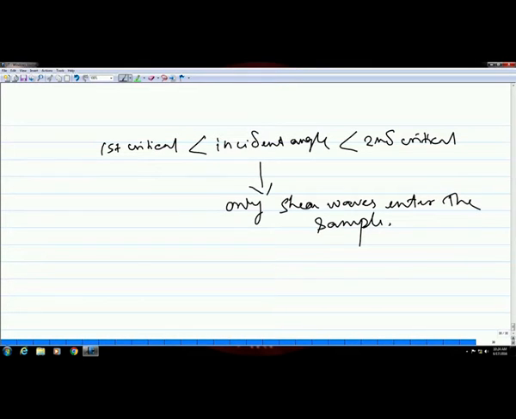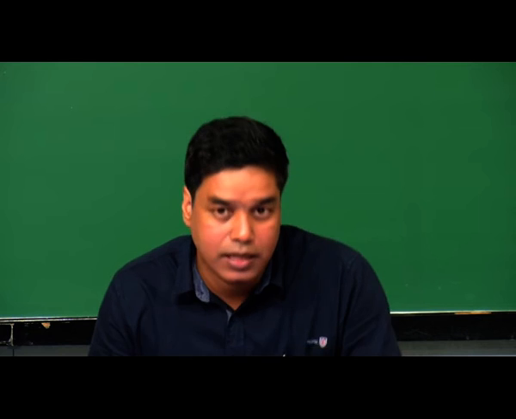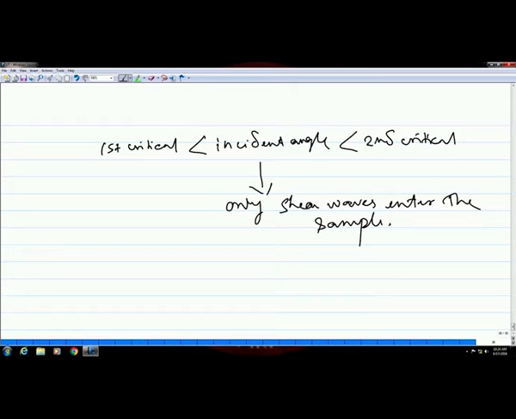Okay. So, in order to do that, you have to ensure that you have only shear waves entering the sample, and for that the incident angle has to be in between first critical and second critical angle. So, we will take an example and then see for a particular material what could be that angle.